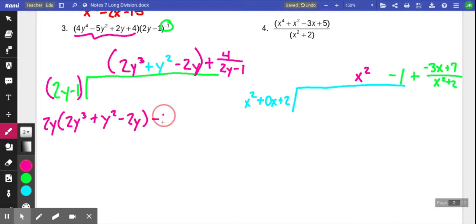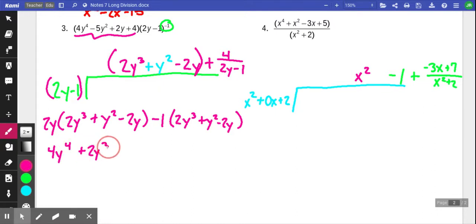And then I'm going to take negative 1 and multiply that by 2y to the third plus y squared minus 2y. And that gives me 4y to the fourth plus 2y to the third minus 4y. And then negative 2y to the third minus y to the second plus 2y.